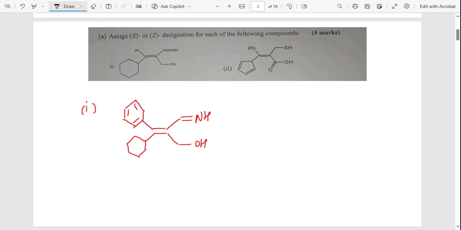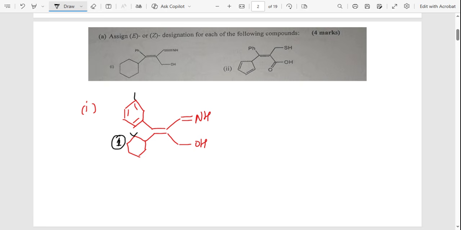Meaning that the group that is down is going to have higher priority, because remember, here you have 2 hydrogens, but for the one on top you only have 1 hydrogen, and that makes it different. I hope that makes sense.